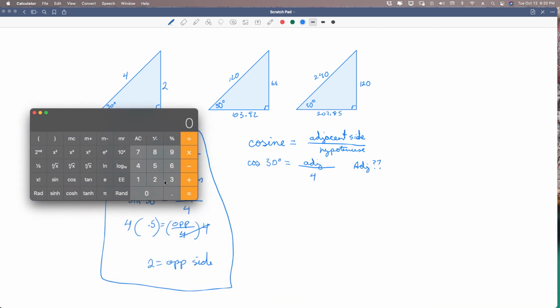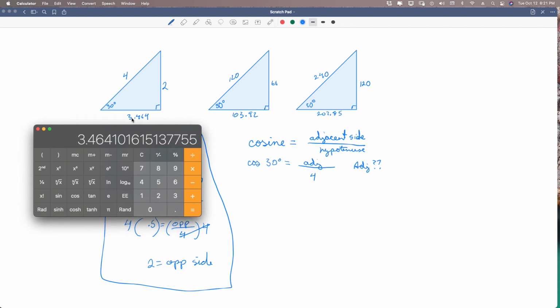We clear this. We say 30, and the COS is cosine. That's a big long number, right? But we do the same thing that we did down here, and we do the inverse operation of division, which is multiplication, and we say times 4 equals 3.464.